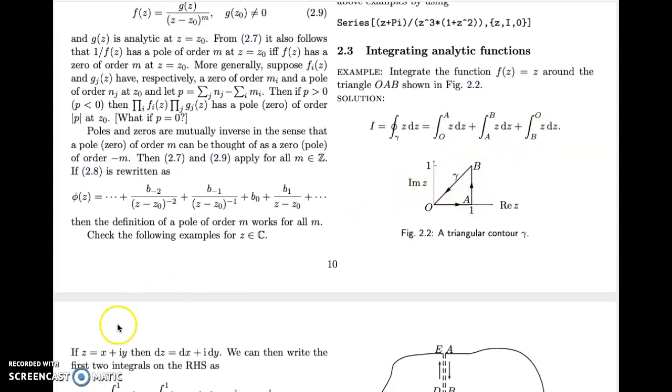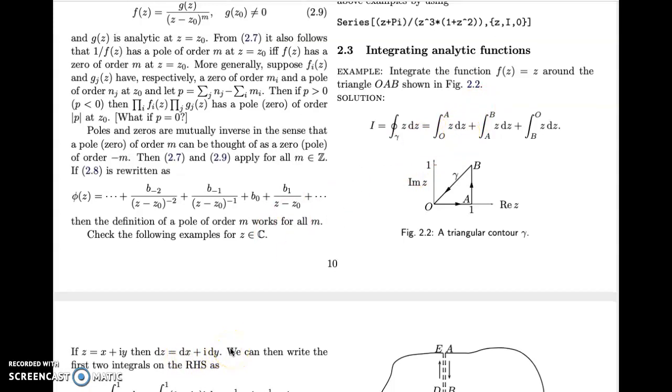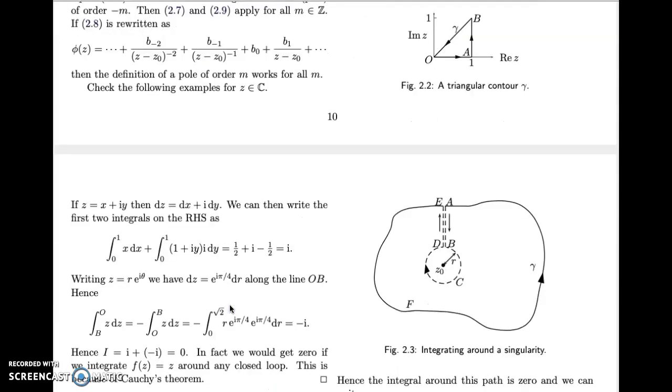Now, as usual, writing z equals x plus iy, where this is the x-axis and this is the y-axis. Differentiating this, we get dz equals dx plus i dy, and then we can simply substitute these expressions into these integrals. So z equals x plus iy and dz equals dx plus i dy. And what does that give us?